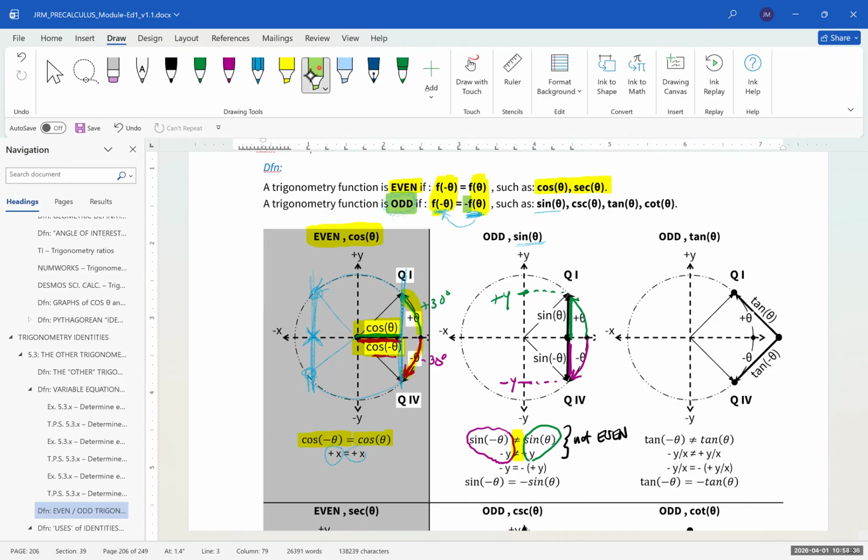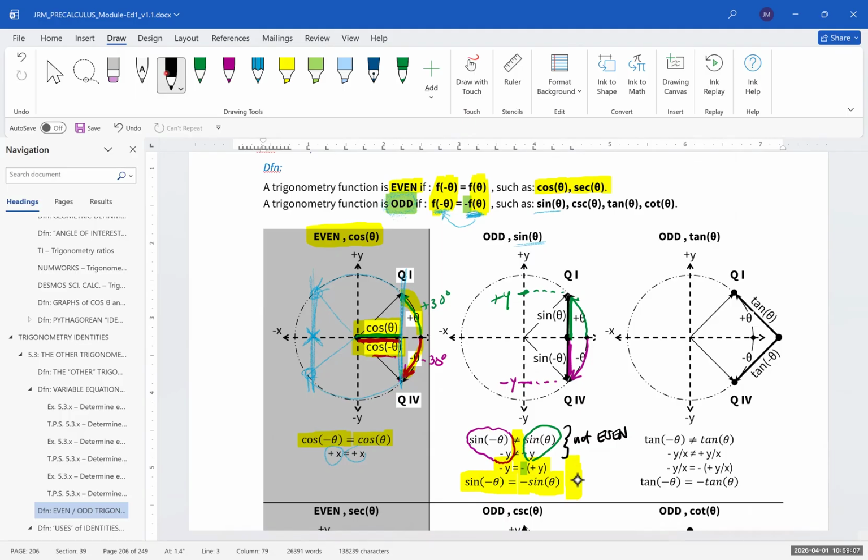So if we put a negative out in front, does negative y equal negative y? It does. So the sine of a negative angle does equal the negative sine of a positive angle.